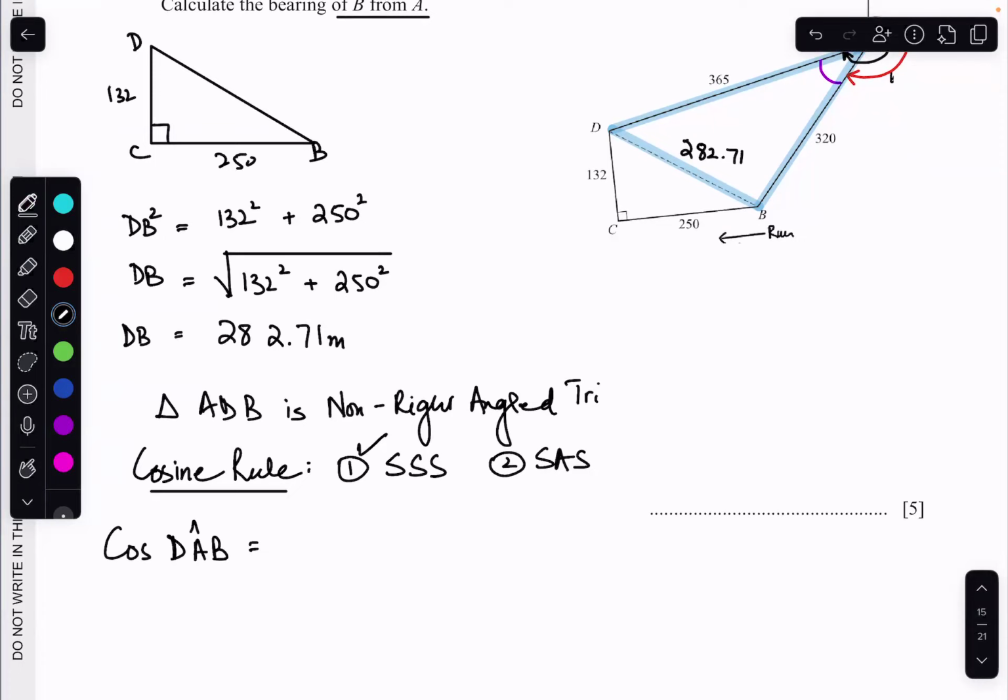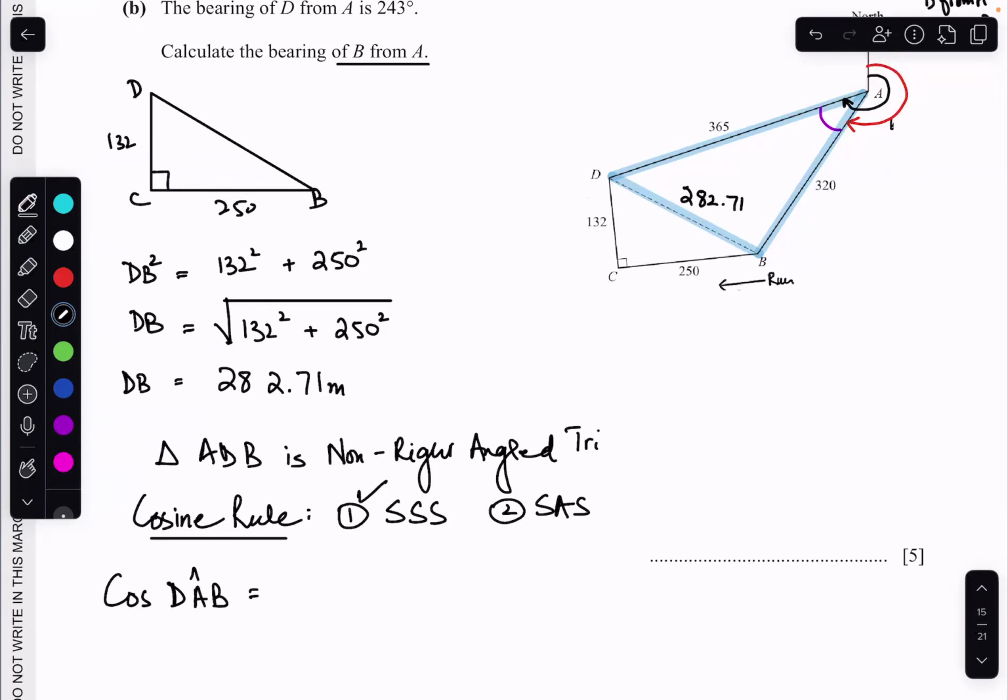So you select the two neighboring sides of this angle, which is 365 and 320. Square them and add them together. And then you look at the side opposite to it. You square it and subtract it.